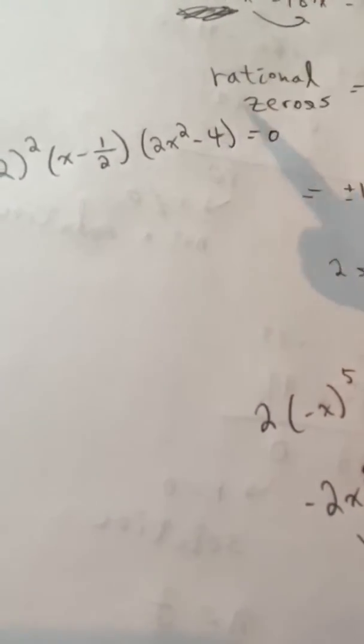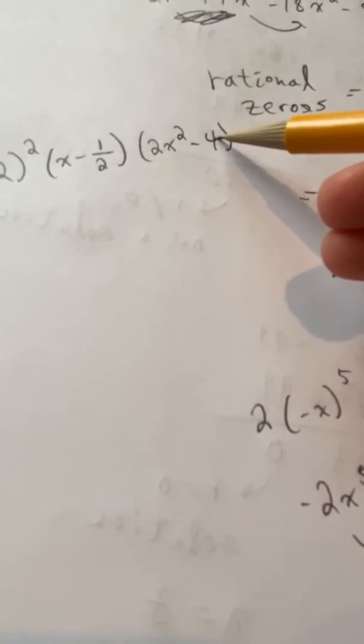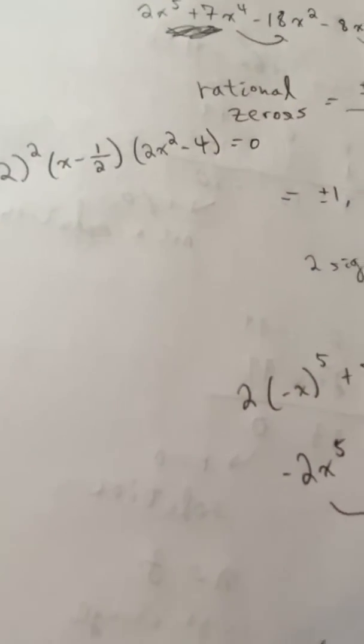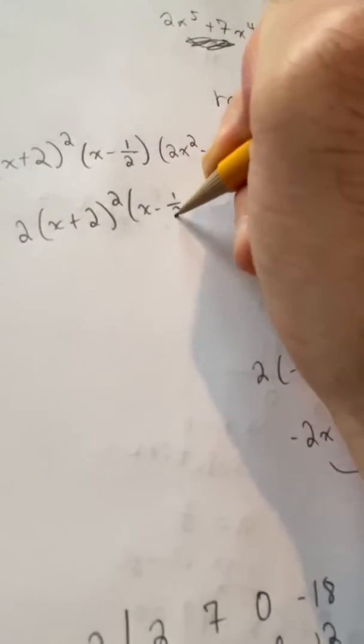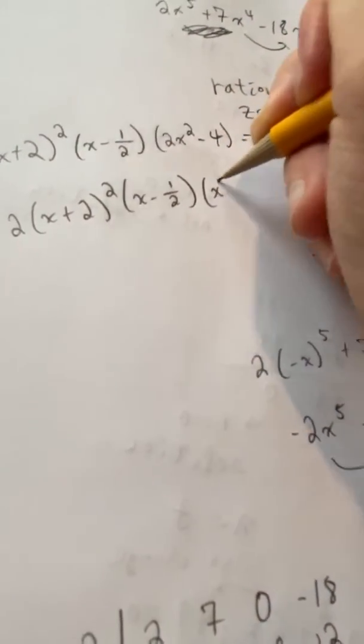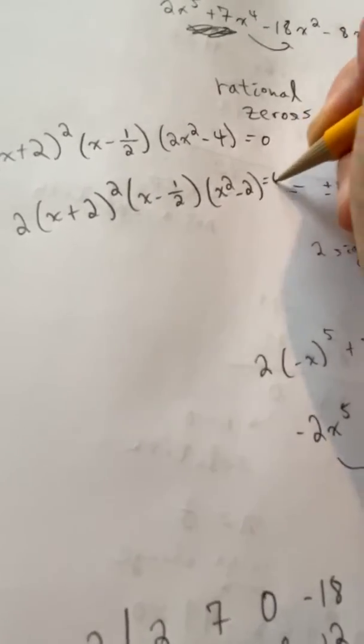So the question here is, how do we get those irrational roots that we were wondering about? Notice this isn't quite perfectly a difference of squares. We can factor a 2 out. So we can have 2 times x plus 2 squared times x minus 1/2 times x squared minus 2 equals 0.